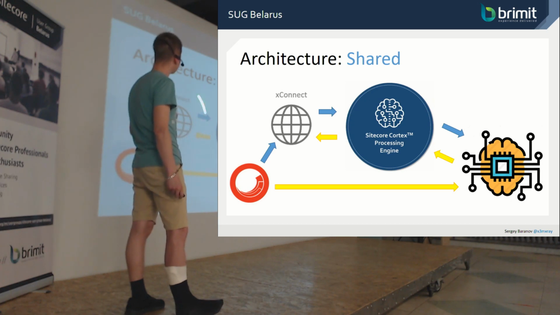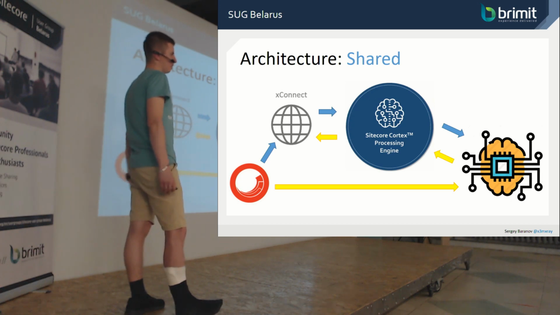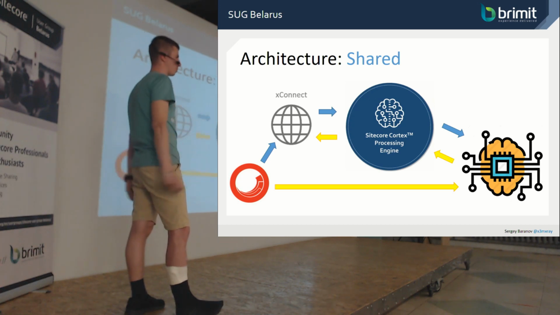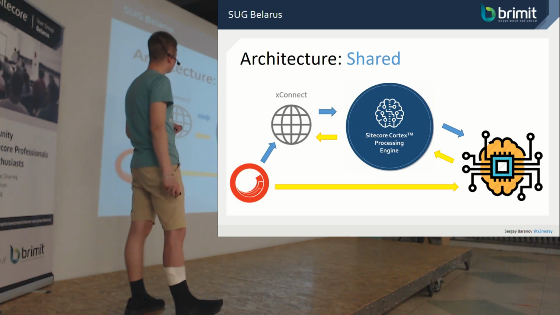And as a result, in XConnect, we have a lot of information about our orders, and that's all that we need. Then we extract all these orders in our processing engine implementation.